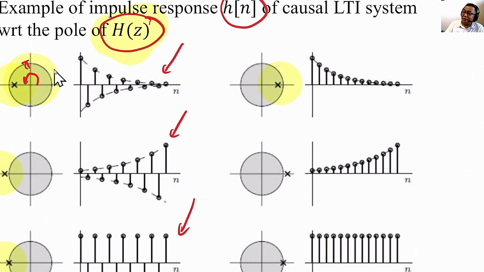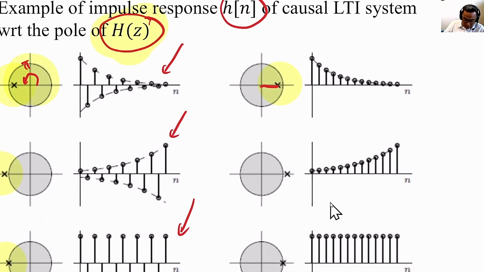That means at every sample, it will generate a pi phase shift. That's why this one is alternating at every sample. While here, the angle is 0. It's not alternating. It's just decaying because it is not on the unit circle. Once it's outside the unit circle, it's growing. And when it's on the unit circle, it's not decaying.